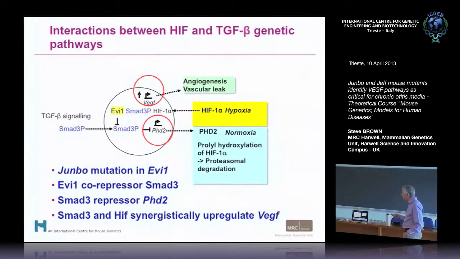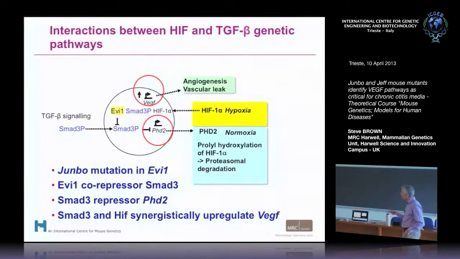But if you have hypoxia, what happens is that prolyl hydroxylase 2 is repressed, you get expression of HIF1 alpha, and HIF1 alpha interacts with SMAD3 to increase the expression of this growth factor VEGF, which leads to angiogenesis, more blood supply, which is supposed to correct the hypoxia, bringing more oxygen, more blood to the affected region.